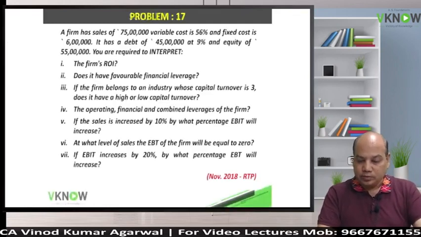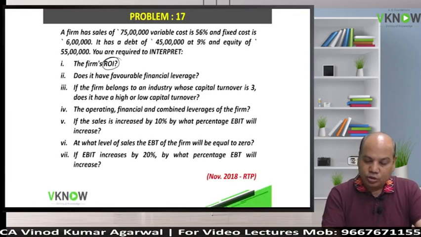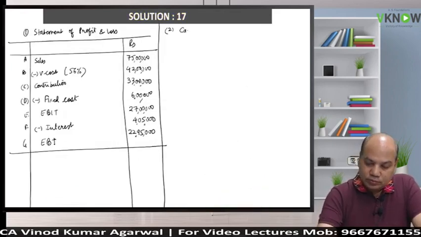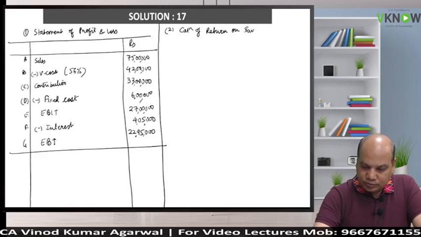Now one by one, first question is what is ROI? ROI means return on investment. So write down calculation of return on investment. Now we have two approaches here.